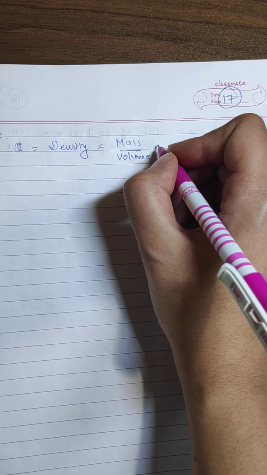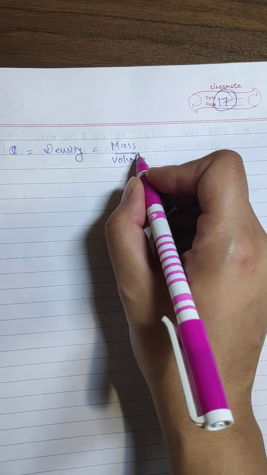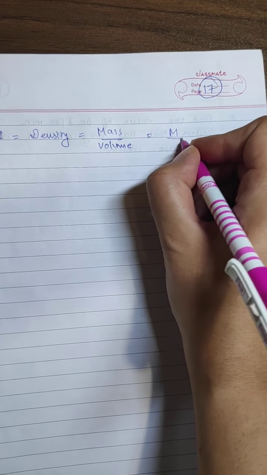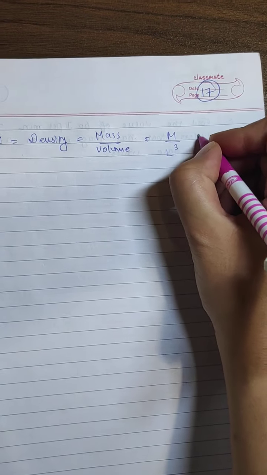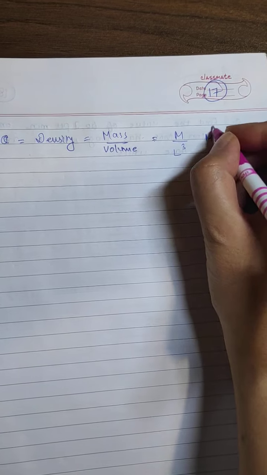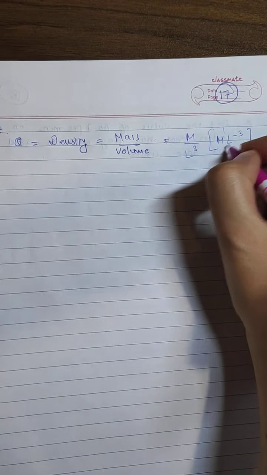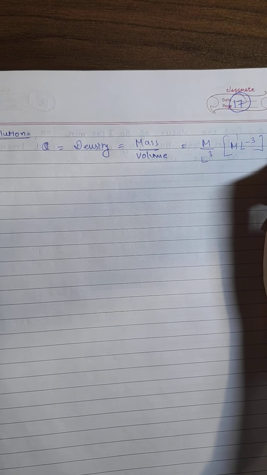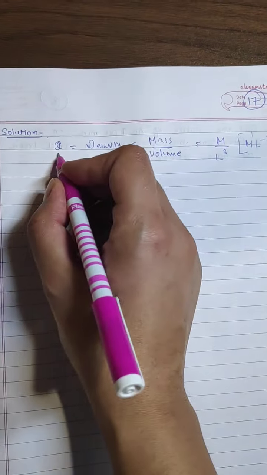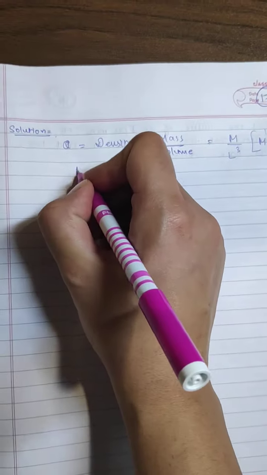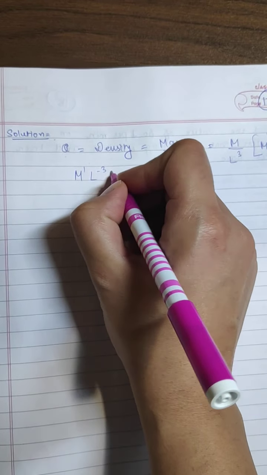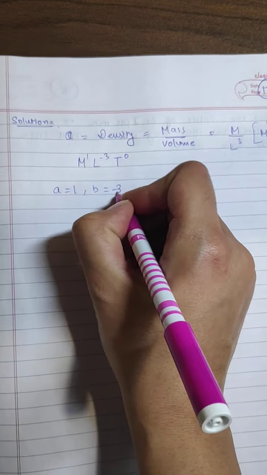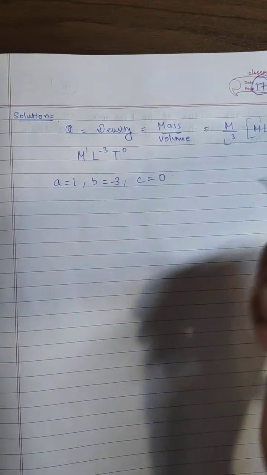You can derive all those formulas. Density is equal to mass by volume. What is the base unit for mass? M. Volume is L cube. So it will be M L minus 3. You can write like this. T is not there, so no need to write this because we are doing a numerical. So it was actually M1, L minus 3 and T0. So our a is 1, b is minus 3 and c is 0.